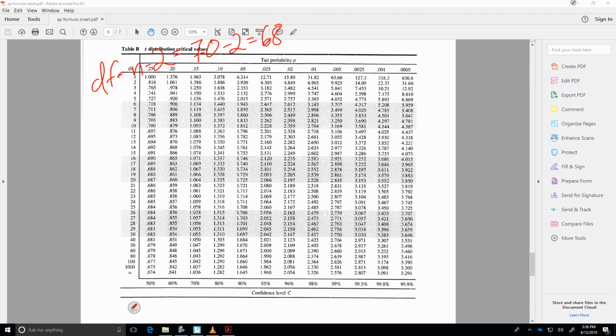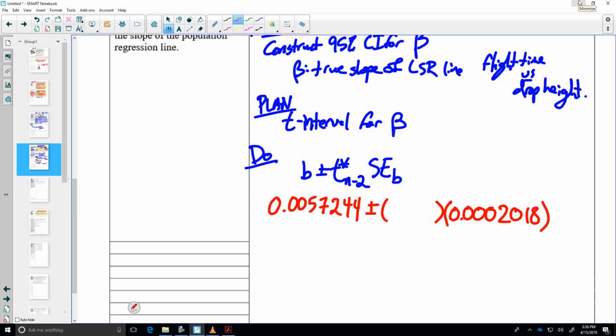We have 80 and 60. So that means we're going to have to use the 60. And then at 95% confidence, find where they intersect. Happens to be a very clean looking T-star critical value. It is 2 on the nose, 2.000. It doesn't always come out that nicely. Here it does.